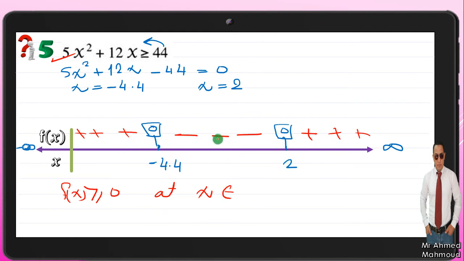So I will take all R except the negative. So the negative will be opened. R minus negative 4.4 and 2 opened, of course.